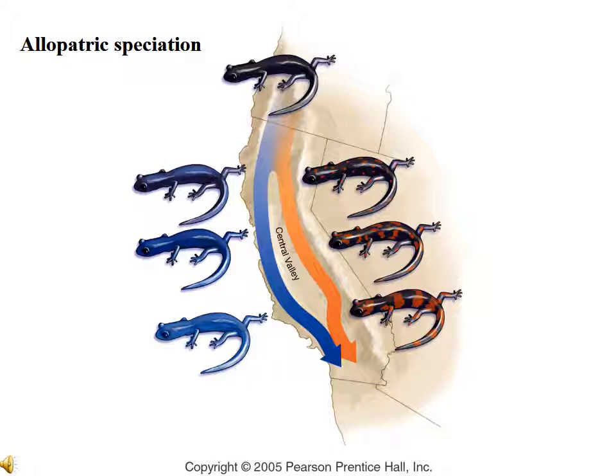Now, what happened later on, thousands of years perhaps later, is that this little blue salamander comes across the little black and red salamander, and the two salamanders do not like each other. The two salamanders do not want to have anything to do with each other, therefore they do not mate. And by definition, a species is an organism that can mate. And because they will not mate, this is now completely a new species, two new species.